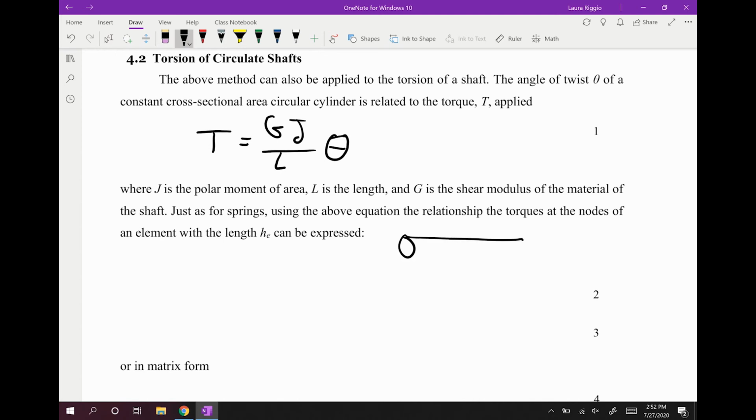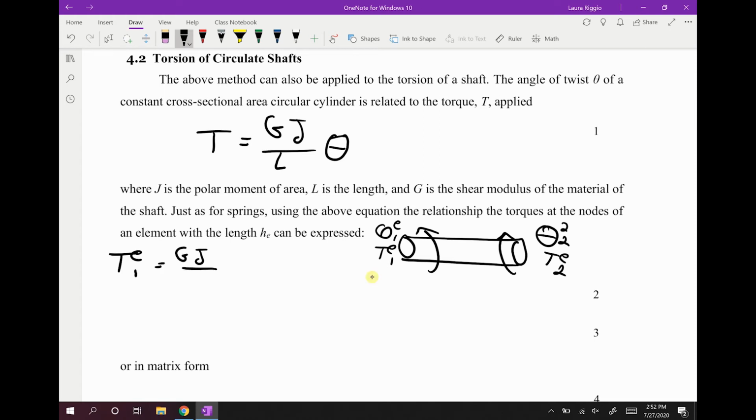So if I have a torsion element, I can twist my two ends. I'd have a theta at each end, and a torque at each end. So my torque at end 1 would be equal to GJ over h, and again this is for each element, times my relative angle of displacement.